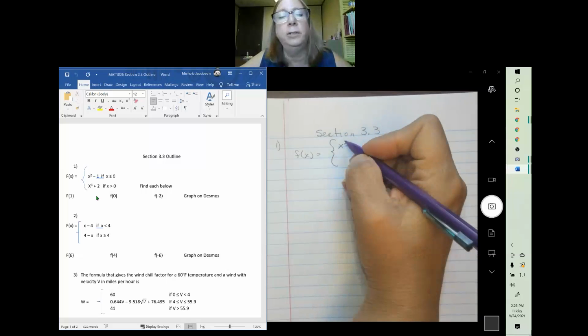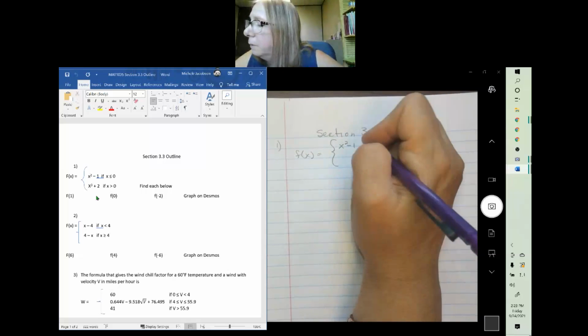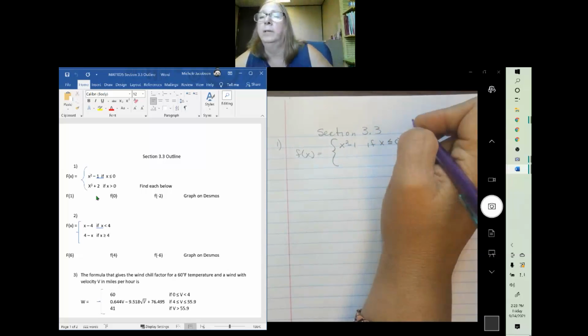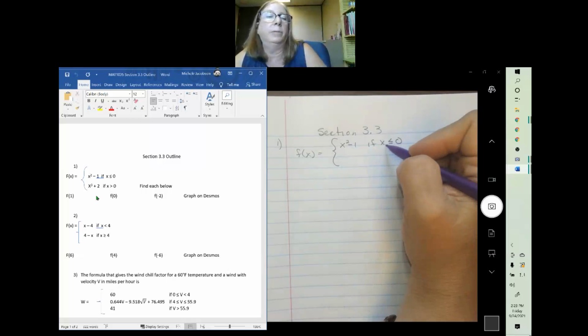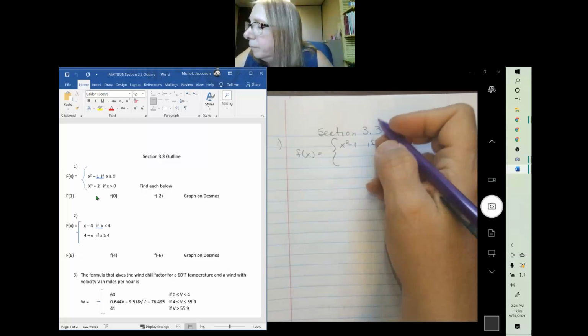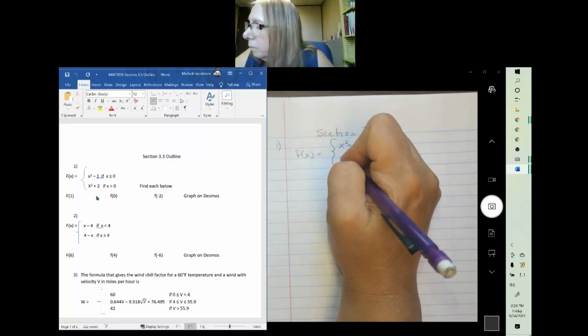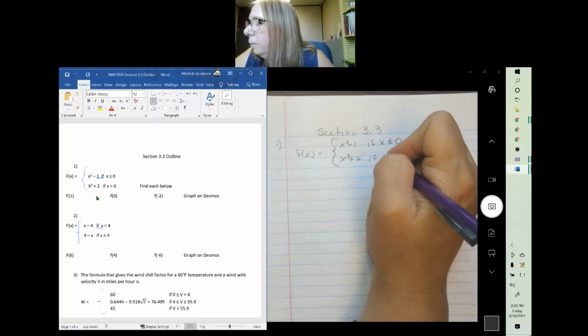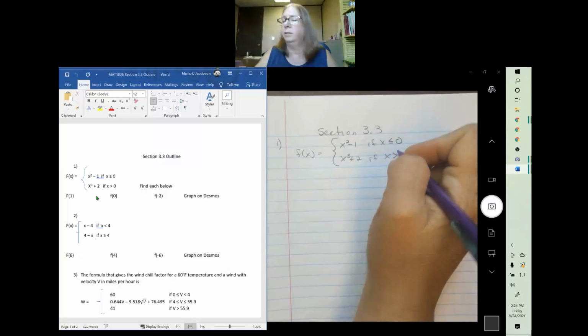Now this is the equation we use if x is less than or equal to 0. So when x is less than or equal to 0, we use this one. For the other one, we use it when x is greater than 0.